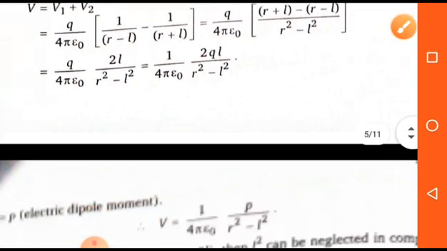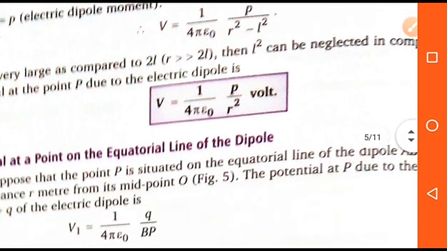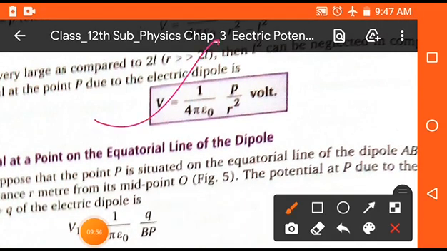Now we know that L square is very small in comparison to r square, so we can neglect it. So finally we get the electric potential at a point P on the axis, V is equal to 1 upon 4 pi epsilon naught p upon r square volt.